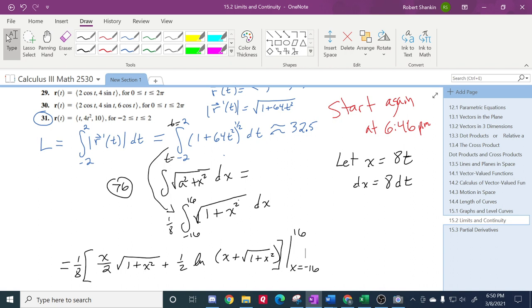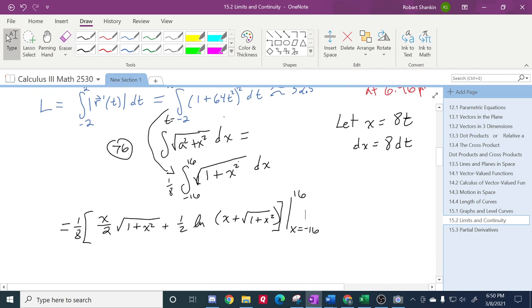If 258 divided by 8 is 32, I guess that's where I missed. I just plugged in all the numbers without the derivative. It's this 64 that doesn't fit into the rule, so we had to do a u substitution to get that. Right, I see. Thank you very much.